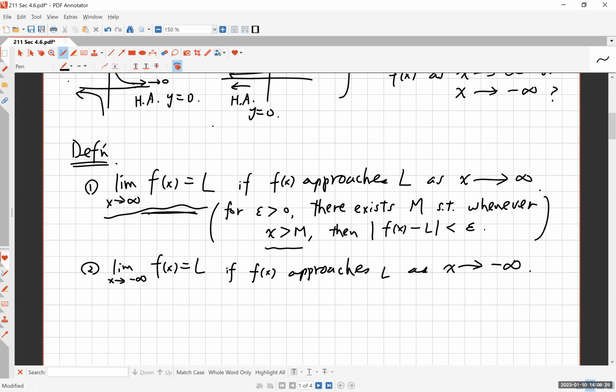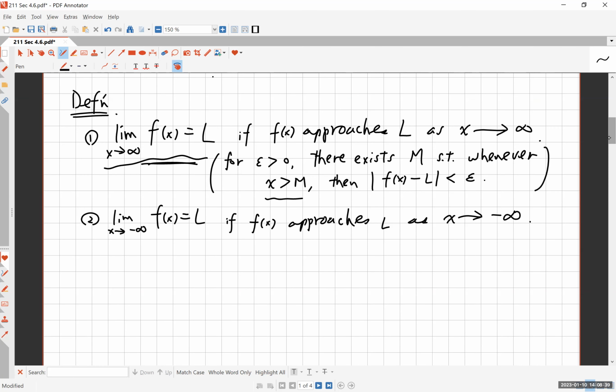You just let x keep going to the left end of the graph, and if f of x gets closer and closer to L, then you say that's the limit. So these are called limits at infinity and at negative infinity.